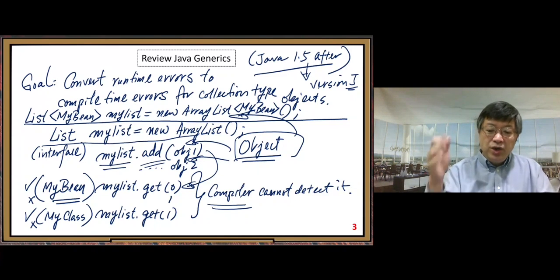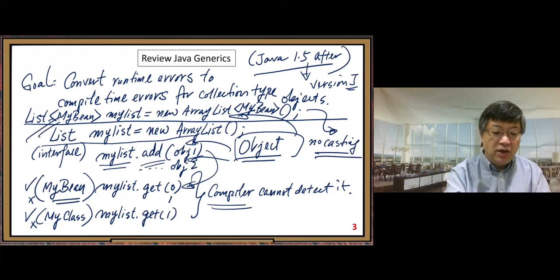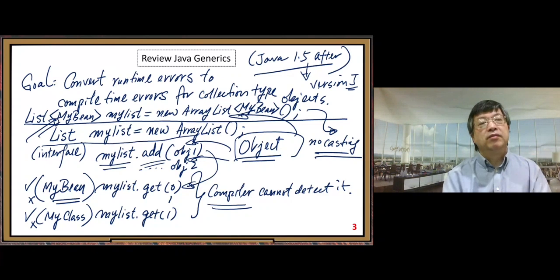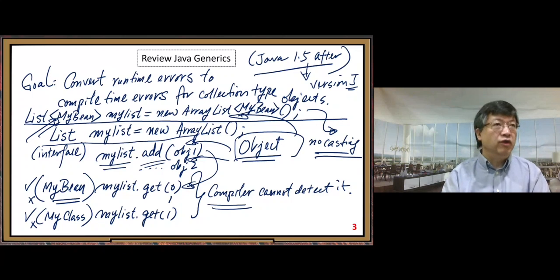Then when you retrieve, no casting operation is needed, because all objects must be of that MyBean type. So Java can do the conversion immediately for you.